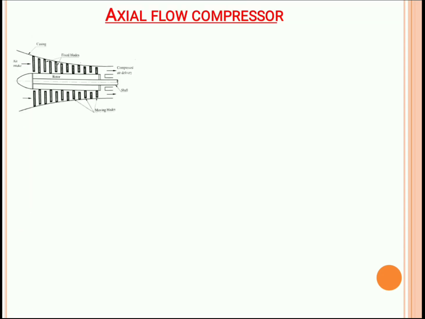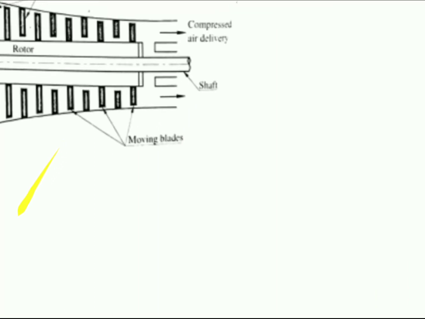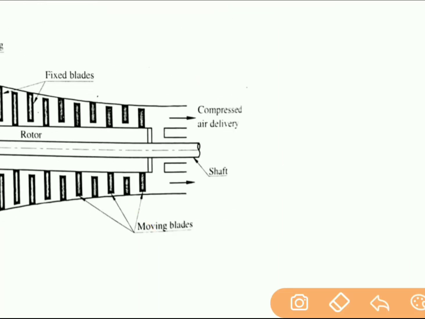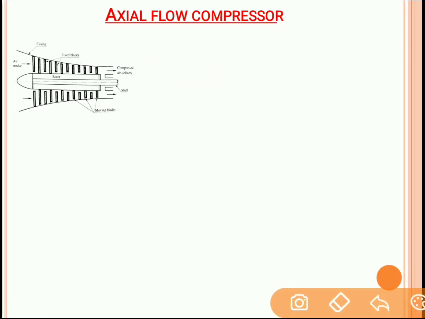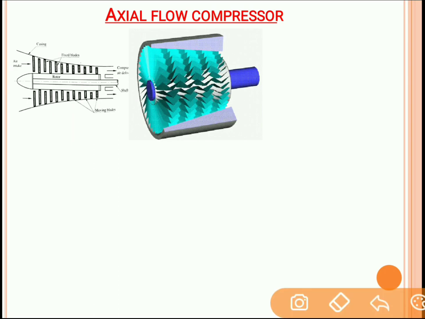Next, axial flow compressor. In the axial flow compressor, you have two sets of blades. One is the fixed blade which is attached to the casing, and the second is the rotary blade which is attached to the rotor. As you see in this figure, there are two sets of blades, one fixed and one rotating. These rotating blades and the fixed blades are arranged in an alternate manner.